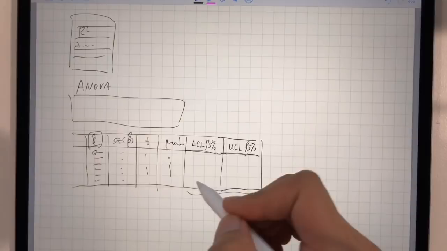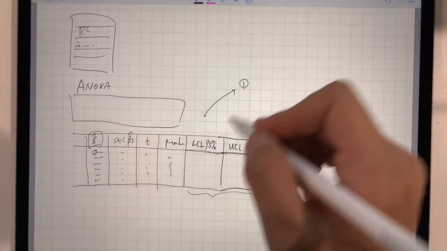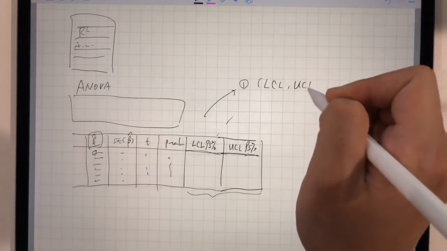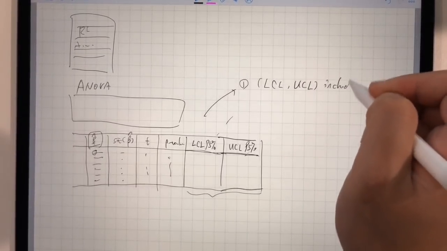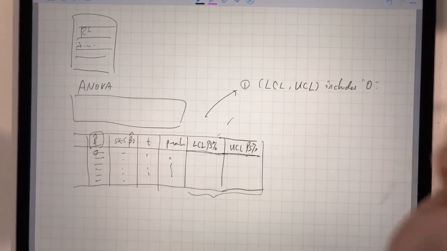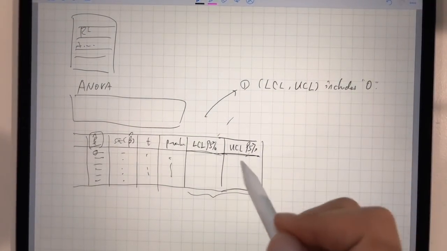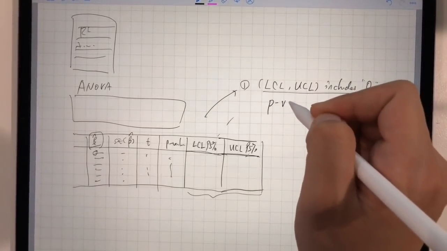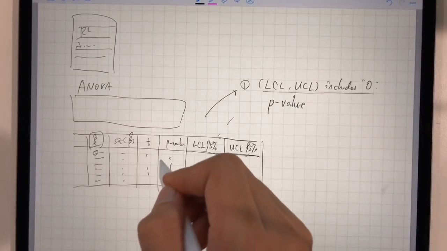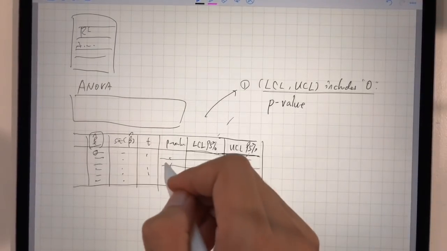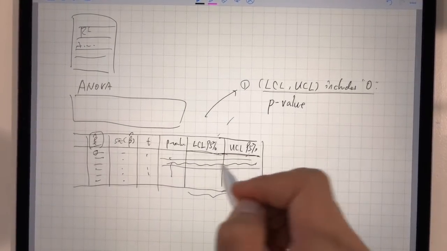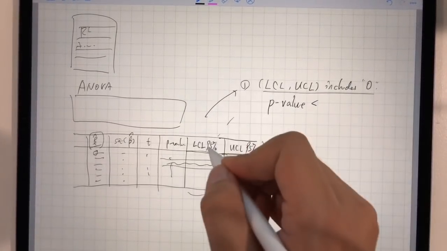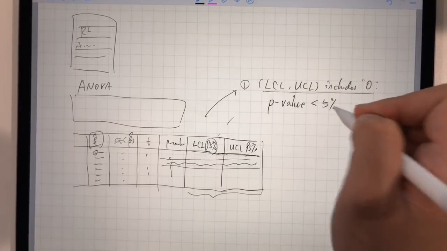The rule here is, first of all, if this interval, LCL and UCL, includes 0, then we must observe a large p-value. Let's talk about, for example, this row.